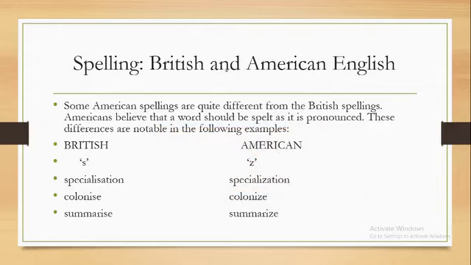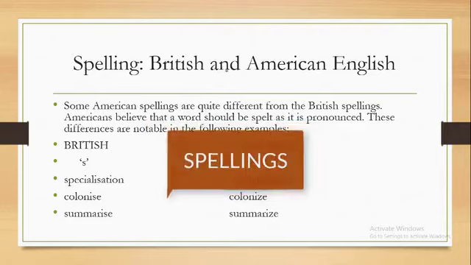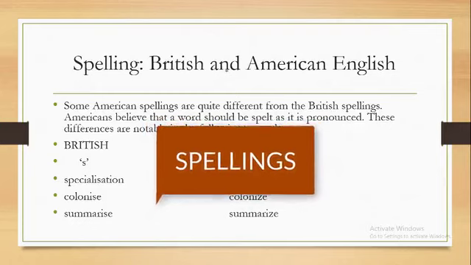Welcome back. Like I said earlier, we are going to be looking at an integral part of English today, which is spelling. We're going to focus on British spelling and American spelling.